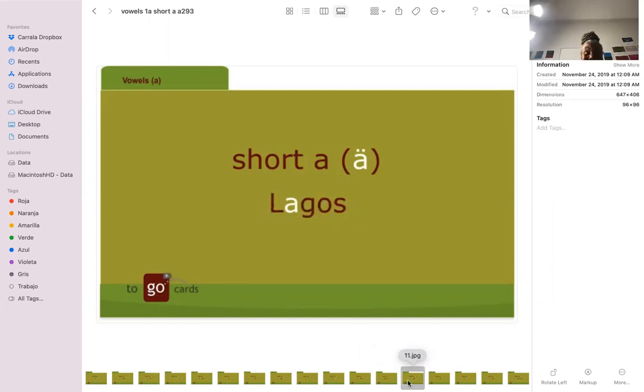Lagos. Some people say Lagos, so just letting you know. Lagos or Lagos. Iraqi. You see that QUI? That QU is an indication that it's the "ah" sound. Now in English, there's no rule. Sometimes we have the QU having the sound.